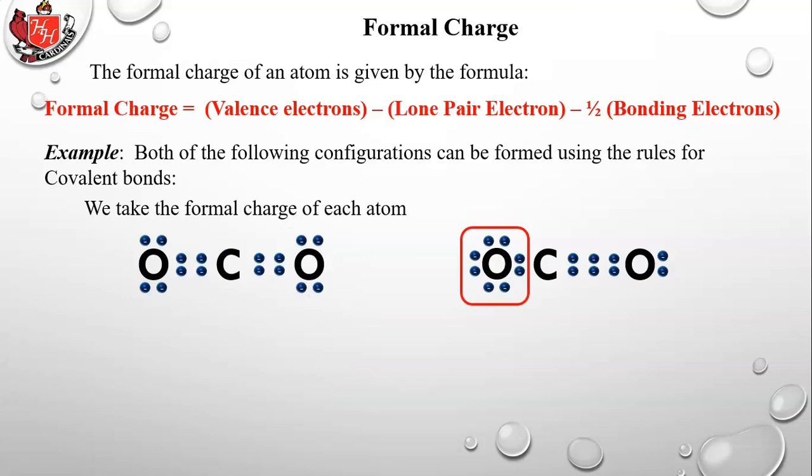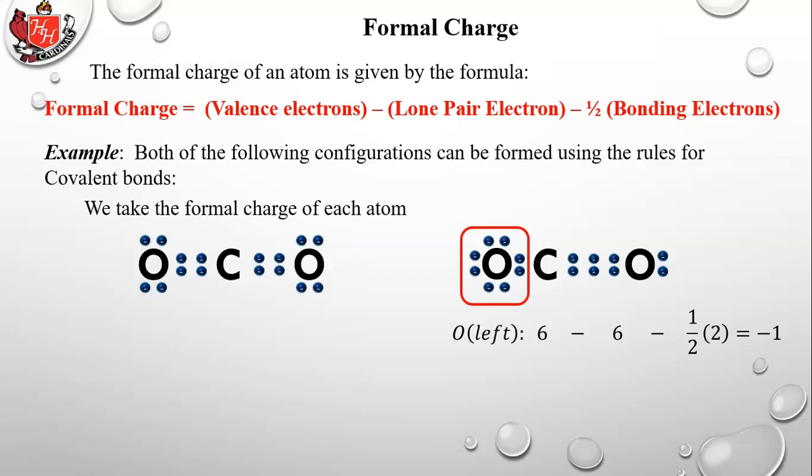So now we'll look at the oxygen there. On the carbon dioxide molecule on the right, we'll take a look at the left oxygen. So oxygen always has 6 valence electrons. You see that 6 of those electrons in the red box are lone pair electrons. They're not bonding to another atom. And 2 are the bonding between oxygen and carbon. So you take 1/2 of those 2, and now you get a -1 here.